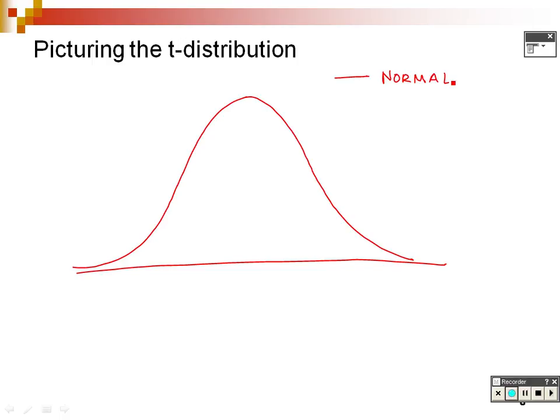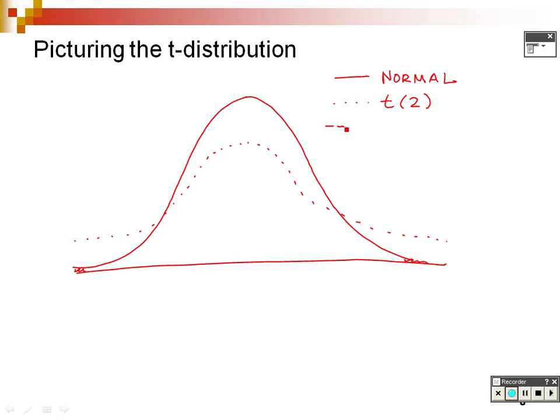The normal is notable for having these tails right here and right here that are very, very tiny, that close off very, very fast. The t distribution, in comparison, has very large tails. So let's do a t distribution with 2 degrees of freedom. That's what that symbol means. A t distribution is going to have this kind of fat tail, and as a result of the fat tail, it's not going to reach quite as high in the middle. Okay, so that's 2 degrees of freedom.